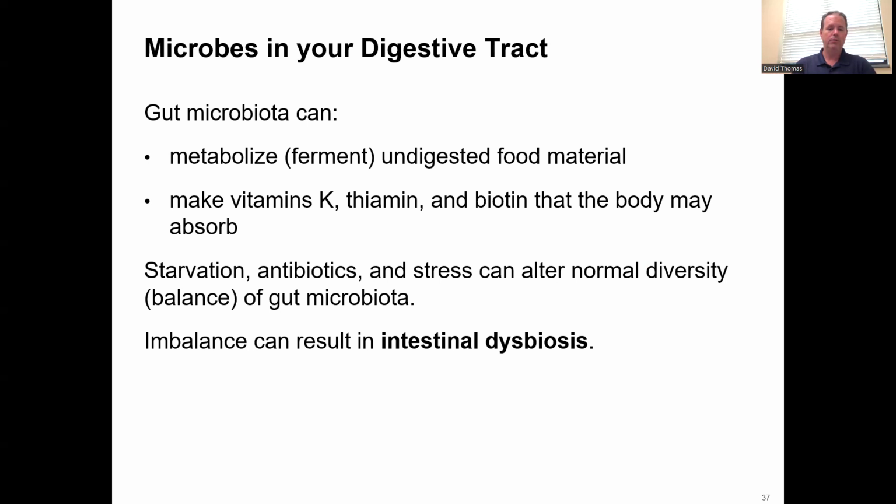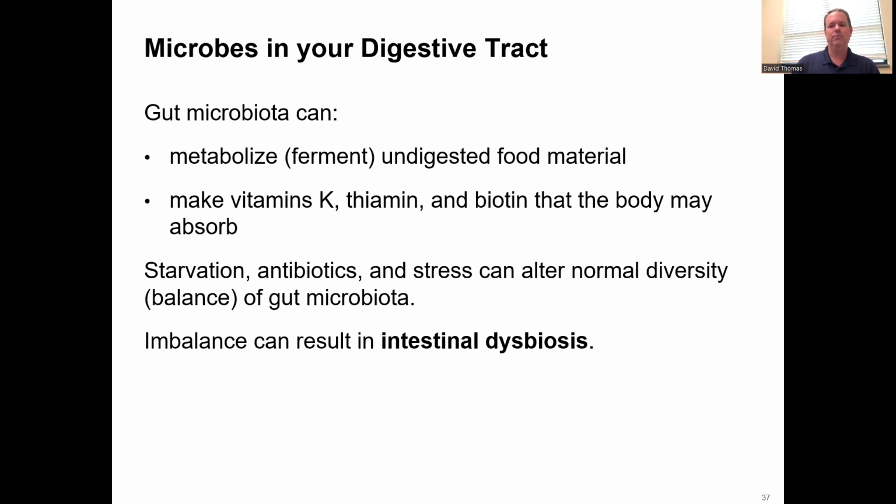Sometimes antibiotics can do this. If you have to take antibiotics, especially long-term antibiotics or several rounds of antibiotics, they sometimes have a specific target, a particular microbe they're trying to get rid of, but sometimes they're more general and they actually get rid of some of the quote unquote good bacteria as well.